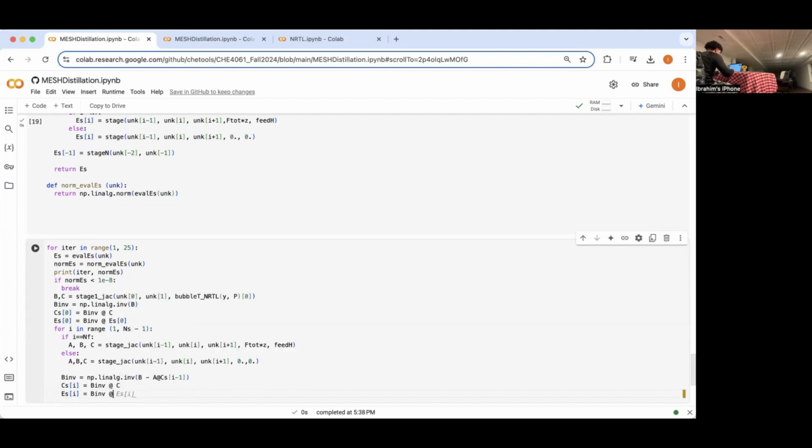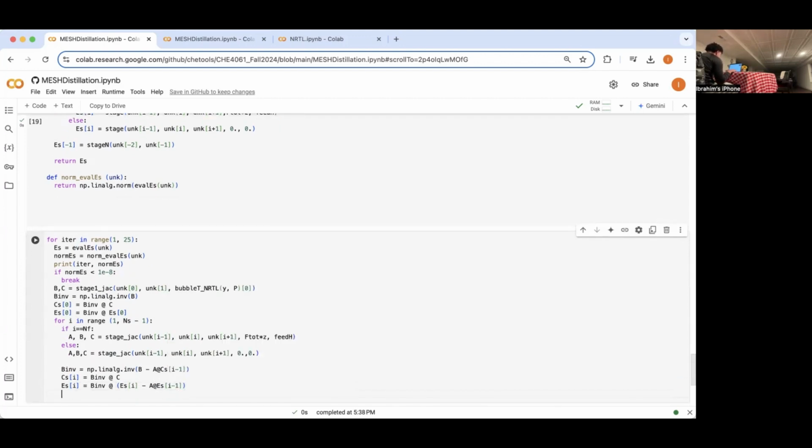Let me go ahead and put this in parentheses. So this is going to be multiplied by our e's as a function of i minus our a matrix multiplier by our es at i minus 1 here. So that looks good. Go ahead and pause this.